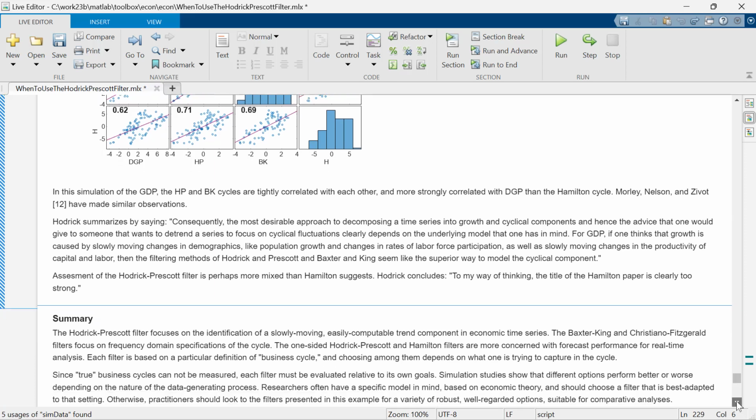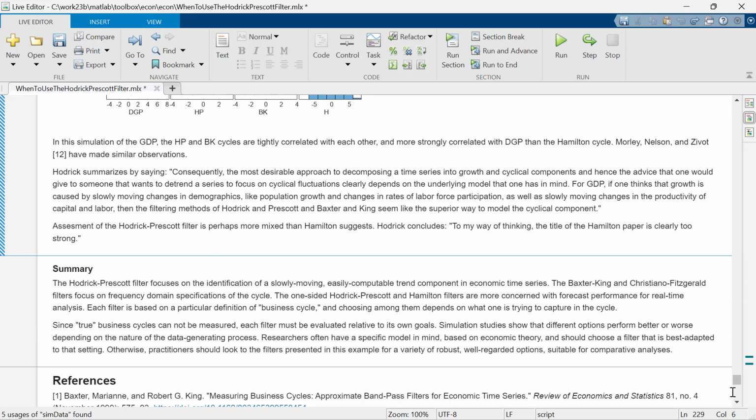So all of this is summarized at the end here about what the different filters focus on and why you would pick one instead of the other, or how you can use them together to do a more comparative analysis. And I hope that this has helped you to start to distinguish among these four filters and think about how you might want to use them to do your own analysis.